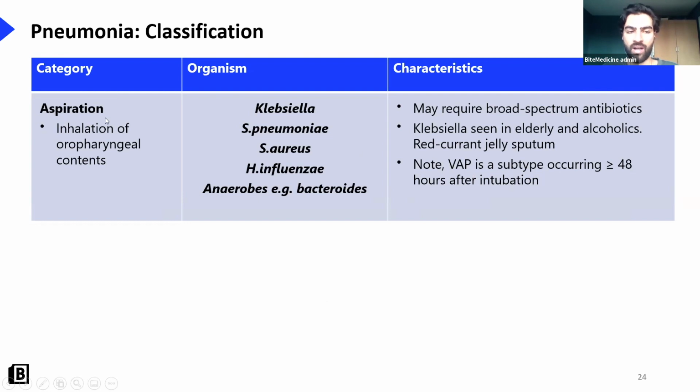Where in the lungs is aspiration pneumonia most likely to occur? It's a high yield question that you'll see in your exam. So where in the lungs is aspiration pneumonia most likely to occur and why? So it's the right lower lobe, very good.